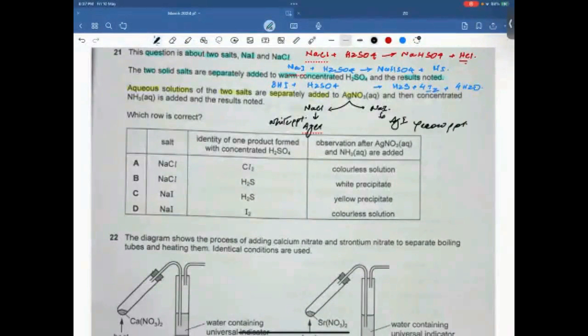And you know, white precipitates of AgCl are soluble in aqueous ammonia, and that will give you a colorless solution, whereas AgI will remain insoluble with aqueous ammonia.